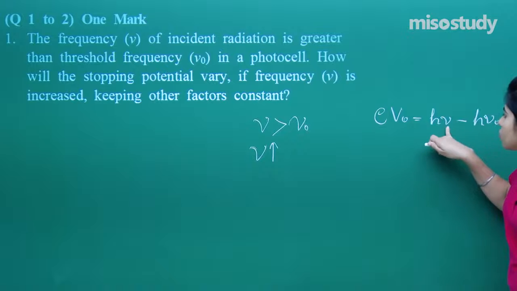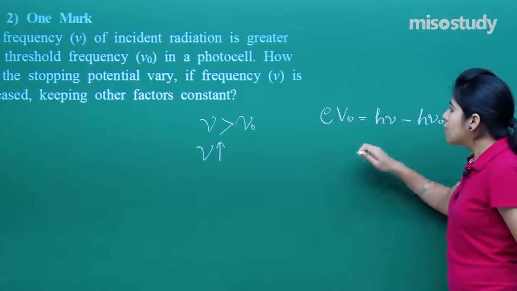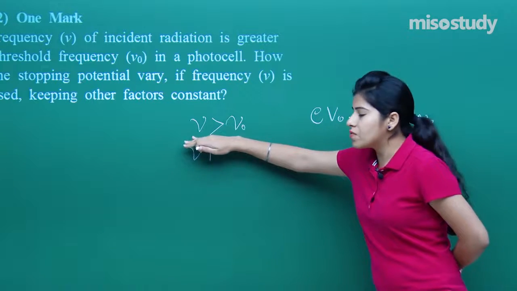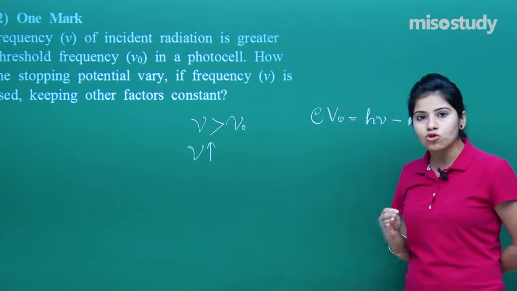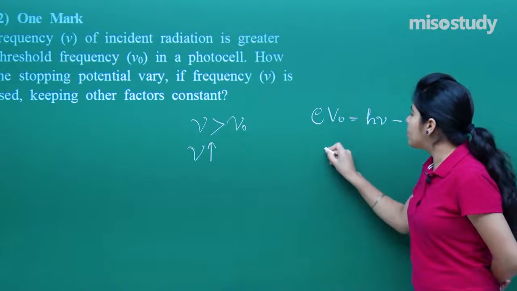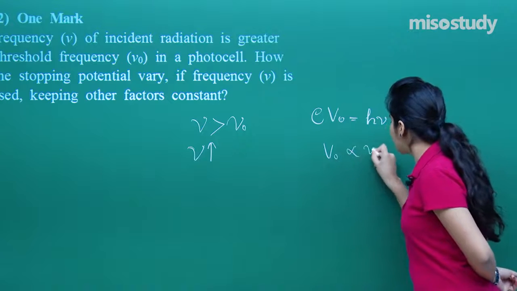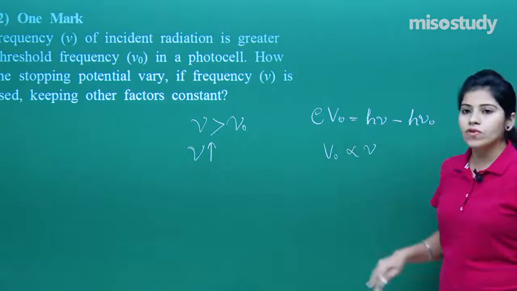So, if nu is increasing, what will happen? See, in this condition it has been given that nu is greater than nu naught, so nu minus nu naught will come out to be a positive term. So, you can directly see that V naught is directly proportional to frequency. If your frequency is increased, your V naught will increase.